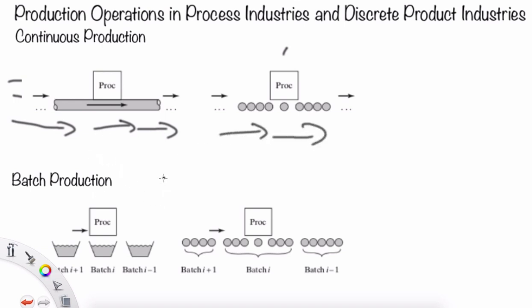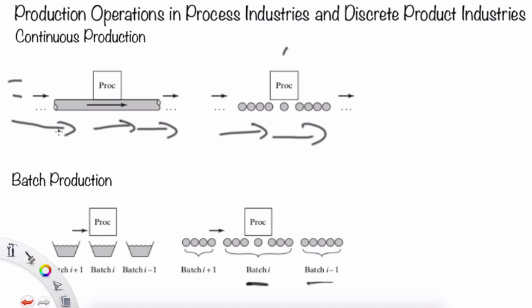There is no interruption in the output flow. So that is the difference with batch production, which has many interruptions. In continuous production, we don't have any interruption.